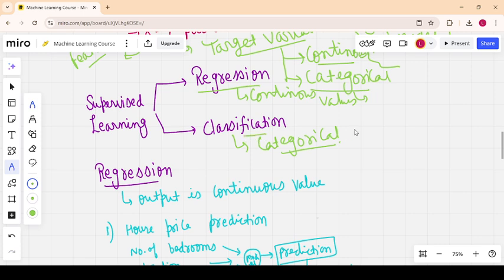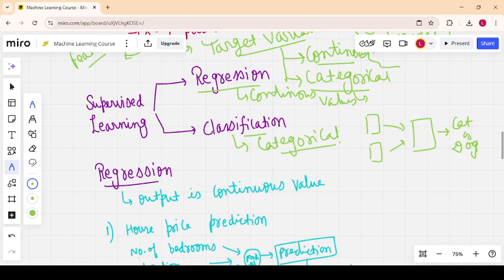Suppose you want to classify images. You have a large dataset of cat images and dog images. You feed these images into a model, and the model tries to predict whether it is a dog or a cat. So we have only two outcomes, cat or dog. There is no other option.